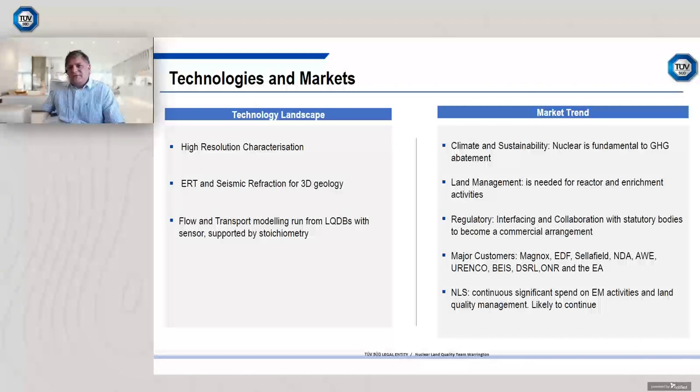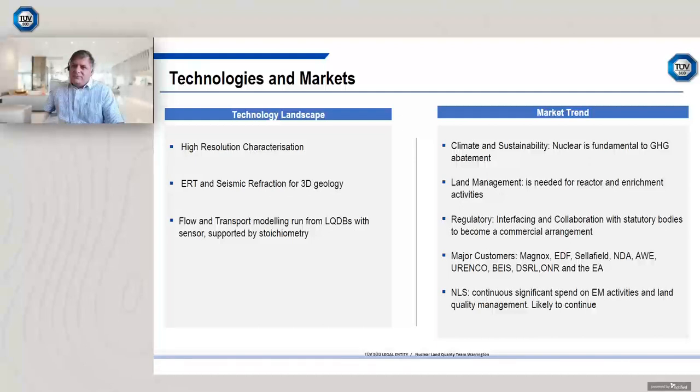For us, the major customers continue to be, it's not hidden, they're quite well known: Magnox and EDF and Sellafield, NDA, Urenco and AWE and ONR, and the Environment Agency as well.